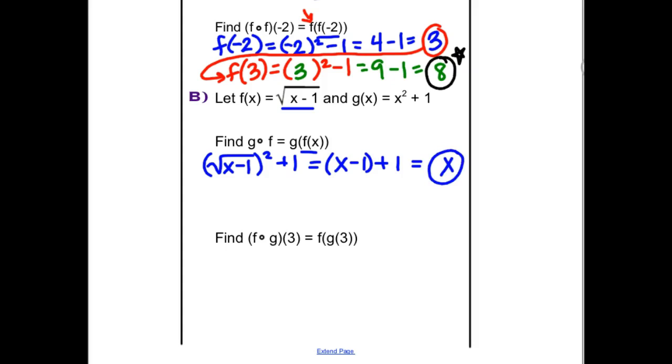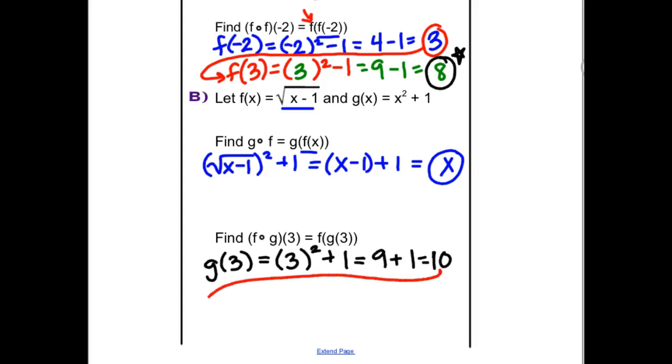Then it says, I want to find f of g of 3. First I'm going to find g of 3. Well, g is x squared plus 1, but I have x as 3. 3 squared is 9, plus 1 is 10. So now I'm going to take 10 and find f of 10.